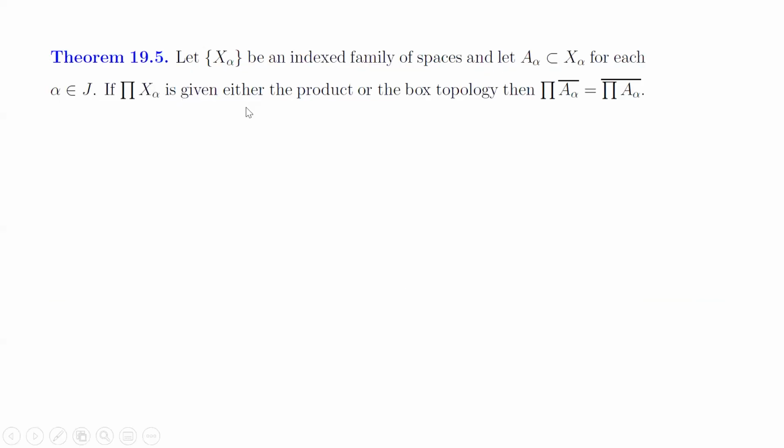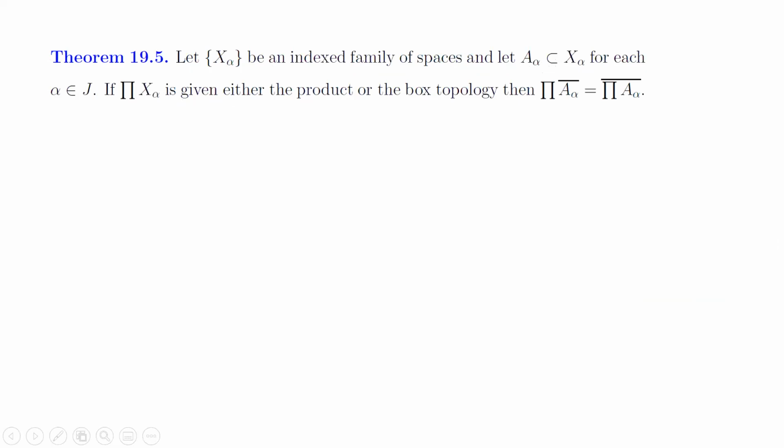Oh, okay. So this one is a little bit difficult. Let X alpha be an indexed family of spaces, and let A alpha be a subset of X alpha for each alpha in J. The product space of X alpha is given either the product or the box topology.